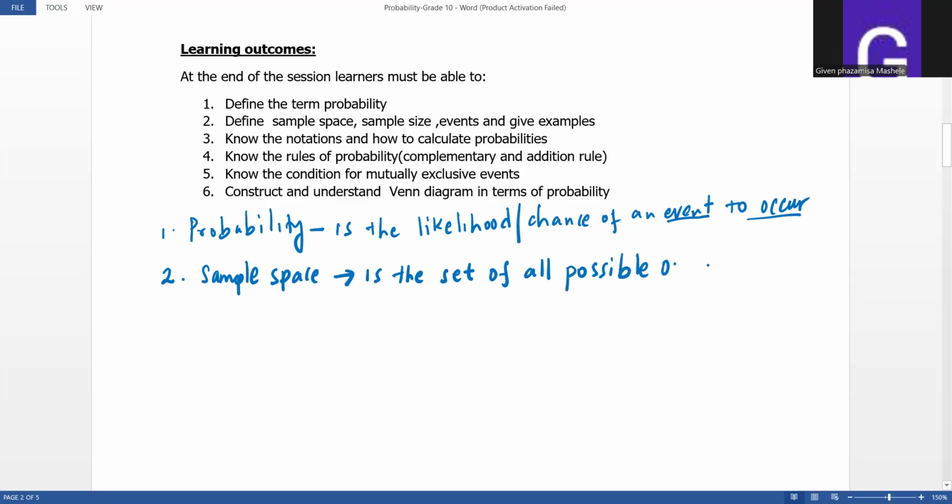It is a set of all possible outcomes. This is called the sample space.